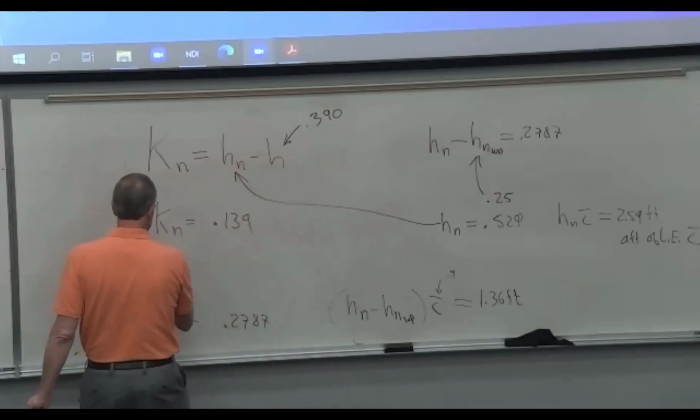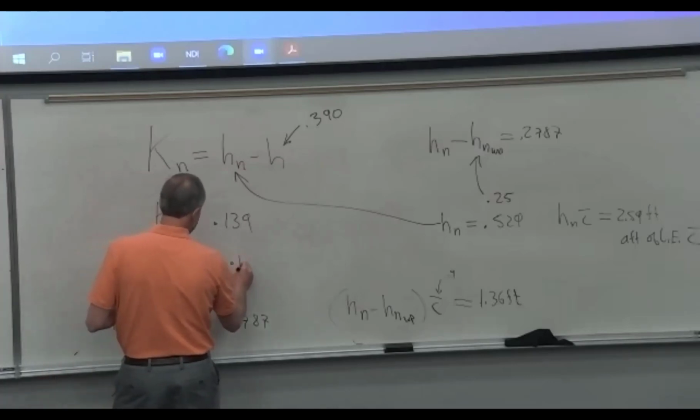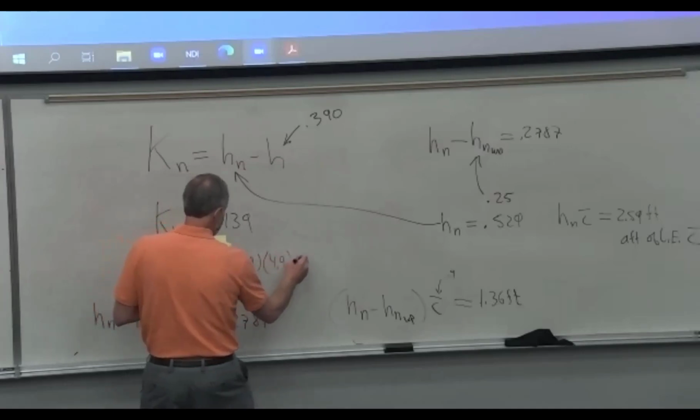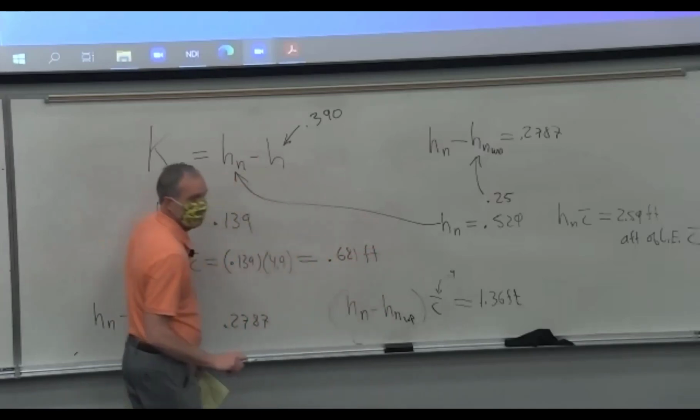If we want feet, we've got to multiply by c-bar because it's all non-dimensionalized. And we find out that the distance that the CG is in front of the neutral point is only about a little over half a foot.